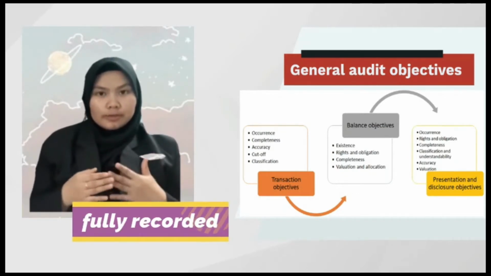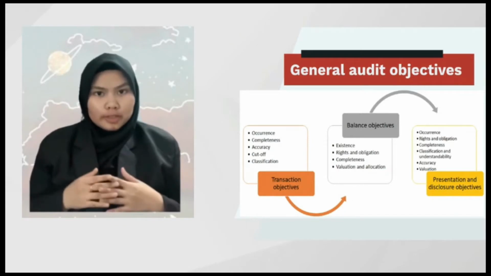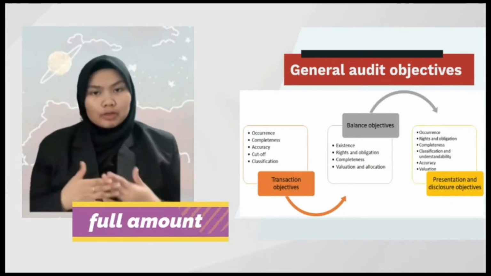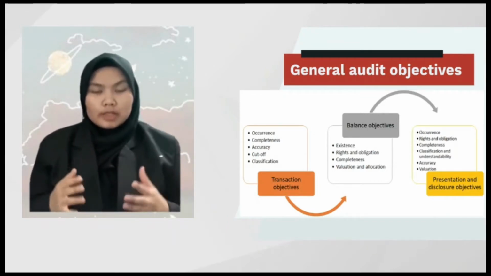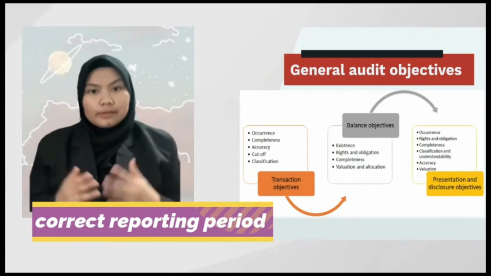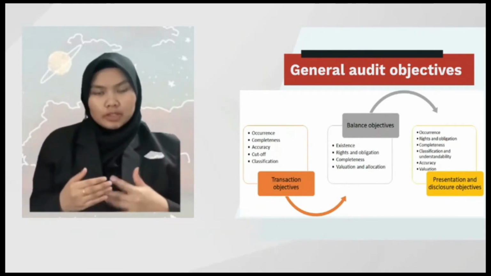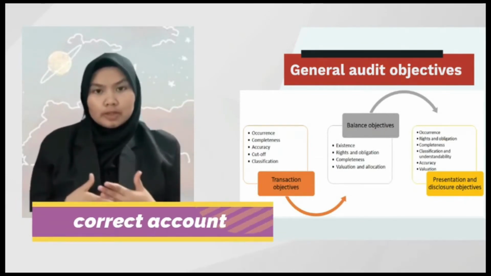Next, for accuracy, all the amounts of transactions are recorded in the full amount without any errors. For cut-off, the auditors need to make sure that all the recorded transactions are within the correct reporting period. And lastly, classification highlights that all the transactions should be recorded into the correct accounts in the general ledger.